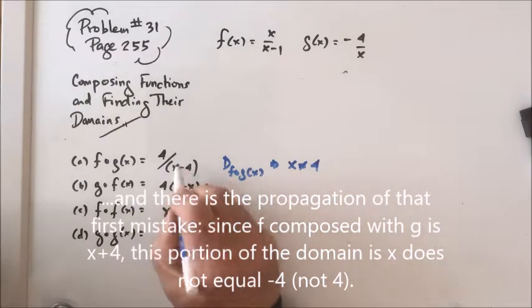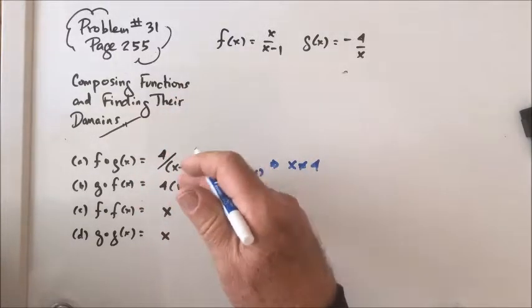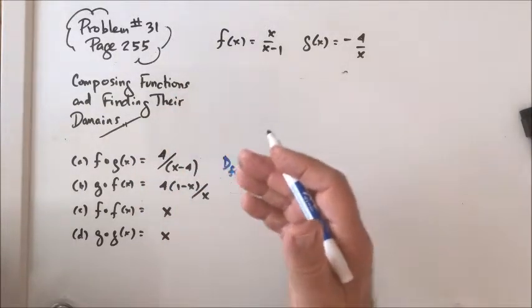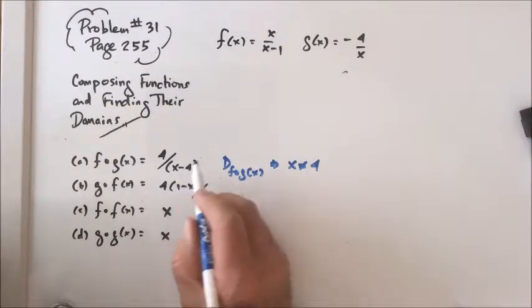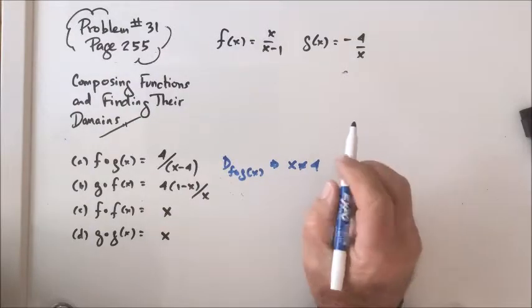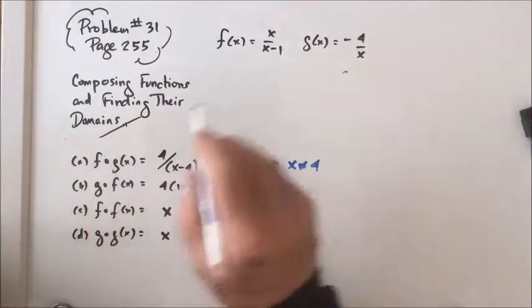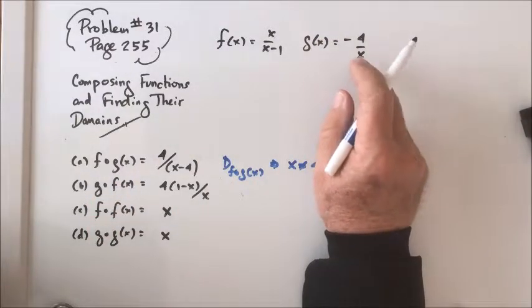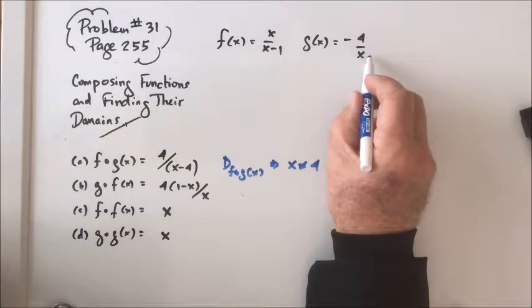Because you can put any real number into this function except for 4, and any other real number returns a real number, and so the domain is all reals except for x equals 4. I wish we were done there. I wish we were done, because if we look back at g, remember g has to be inserted into f, and if you look at g, the domain of g is x cannot be equal to 0.